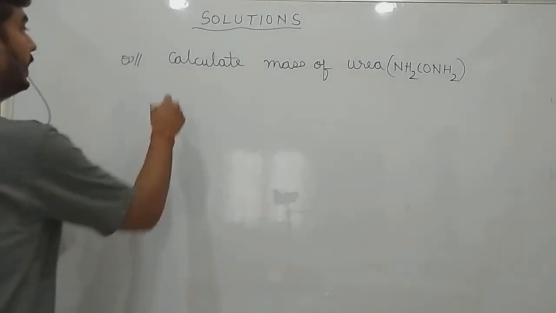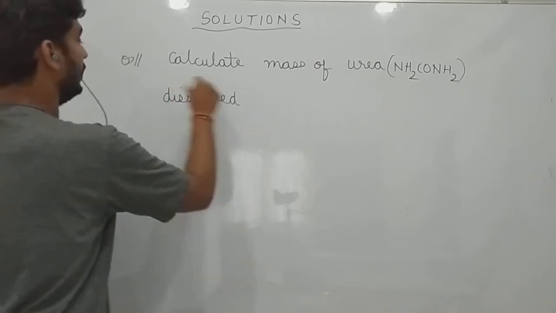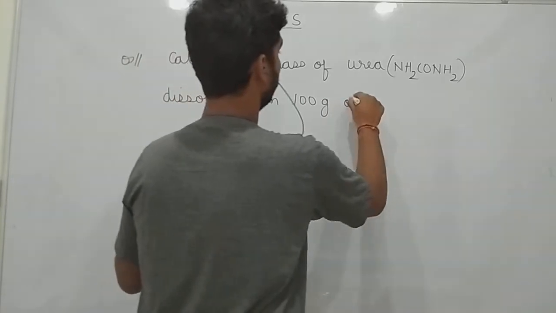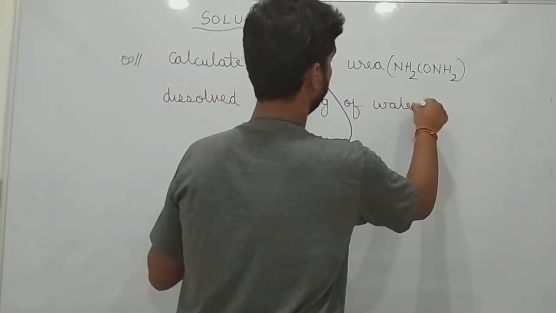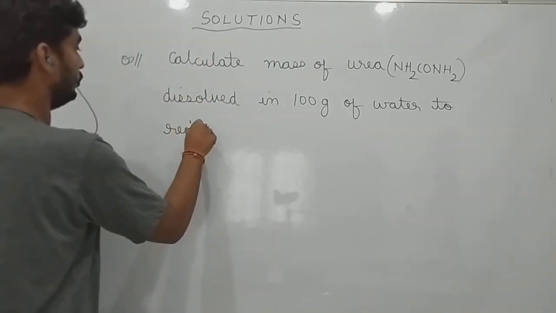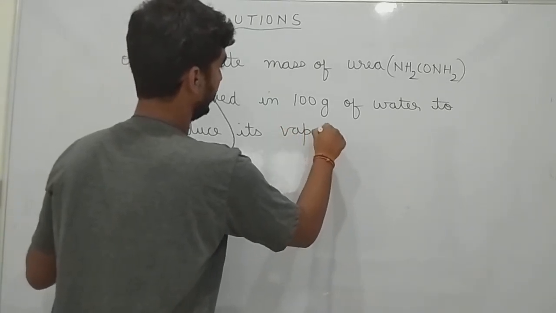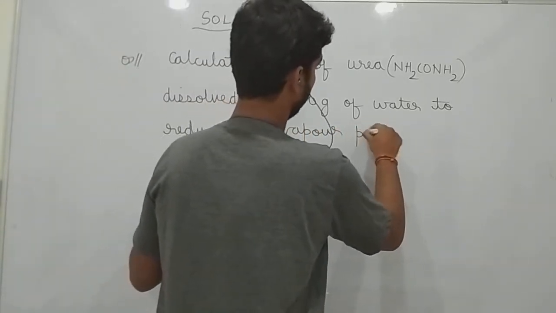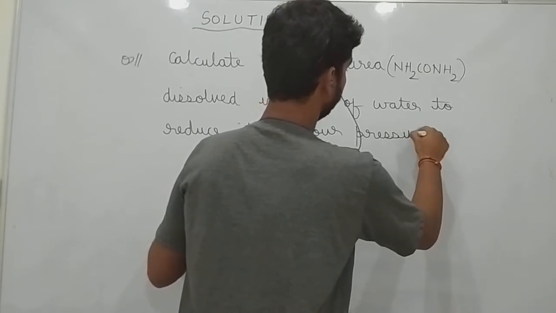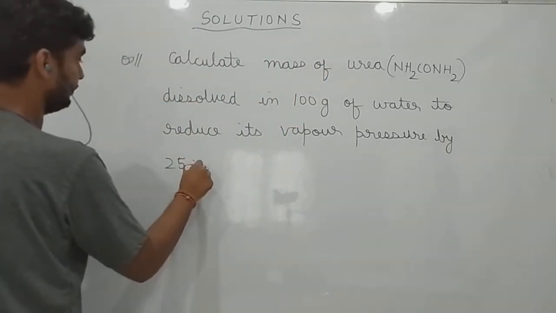Calculate the mass of urea dissolved in 100 gram of water to reduce its vapor pressure by 25%.